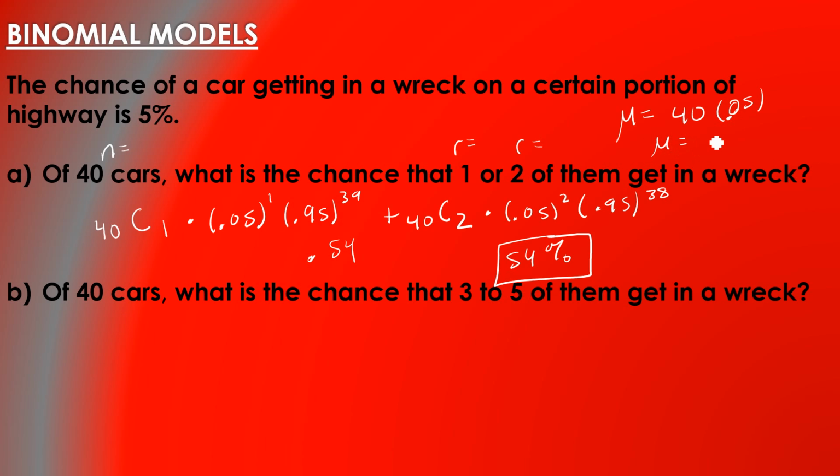So my expected value, my mean, is 2, which is why this is so high. So if it had been something else, this would probably have been lower. And the reason I was expecting something low was because of that exponent right there, pretty high exponent.